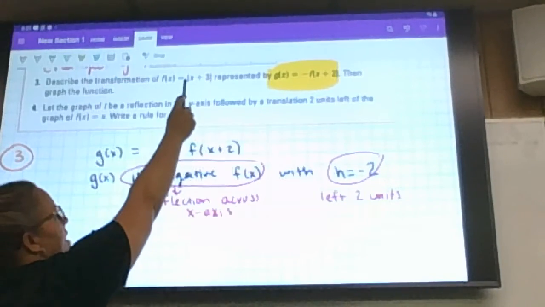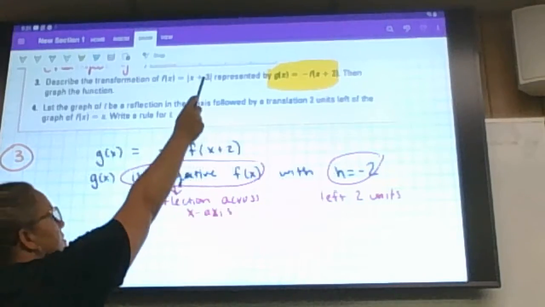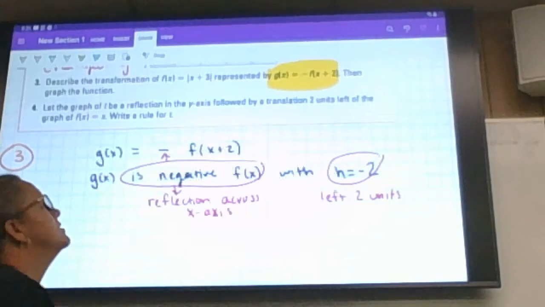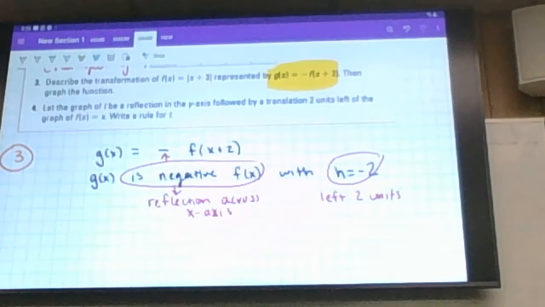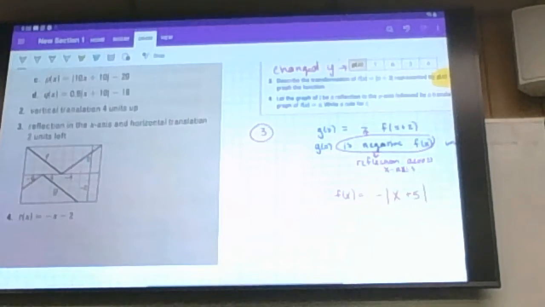So I'm going to put a negative sign there. And then 2 units to the left from there. So plus 2 means move 2 units to the left. So if you wrote the equation, that's what it should look like. And here it is at 5 and it's reflected down.